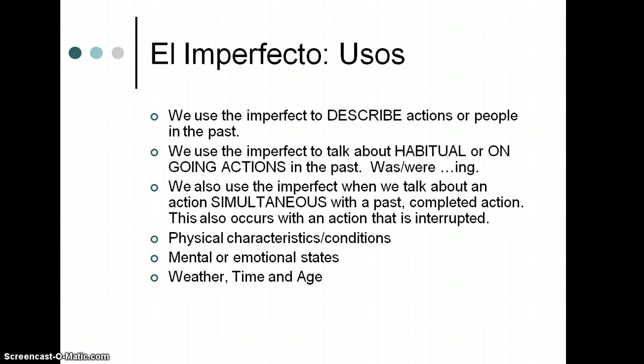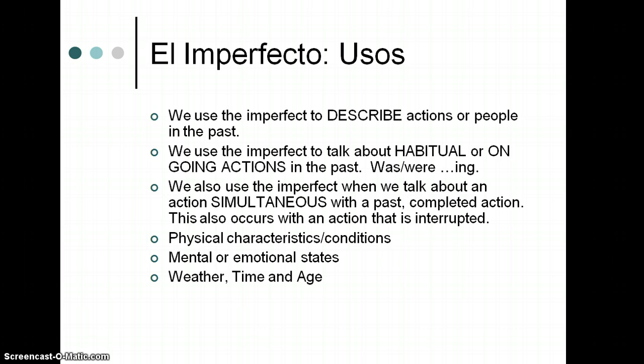Remember that we can also have two simultaneous ongoing actions. We could say, yo corría y hablaba por teléfono. Okay, I was running and I was talking on my phone. Strange, but possible.